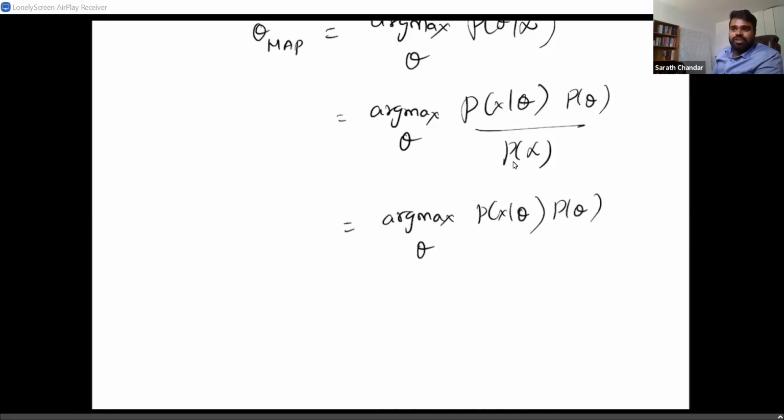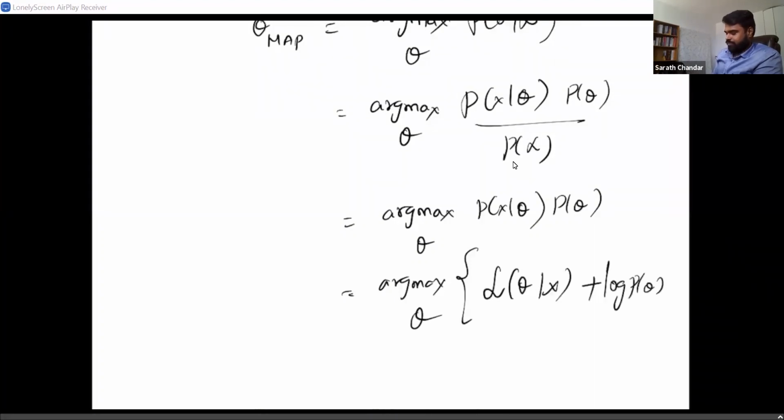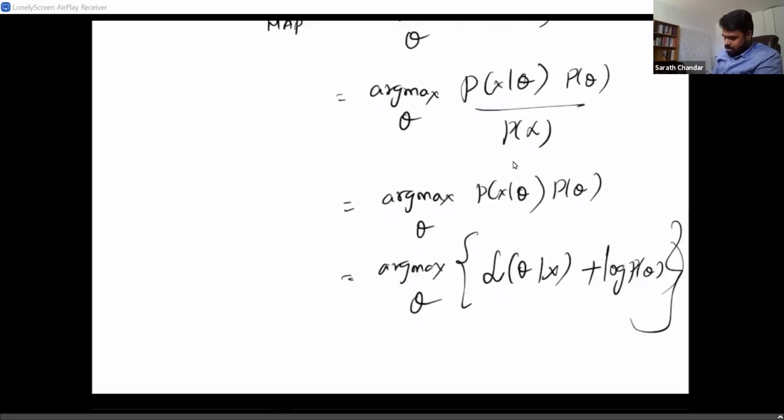Now I can actually compute a log of this term. So this becomes argmax over theta. If you take the log of the first term, which is the log likelihood, you get the scripted L, plus log of P theta. I could expand this further.